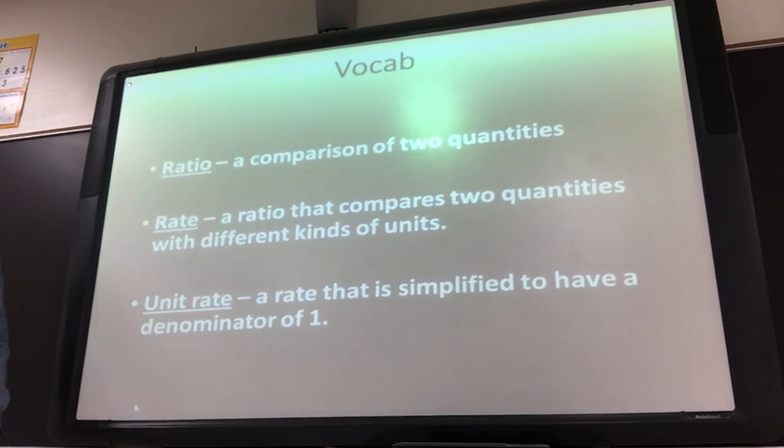Before we look at unit rates, the next several weeks, we're going to be talking a lot about ratios. And a ratio, notice you don't do any operation when we talk about ratios. It is a comparison between two quantities.